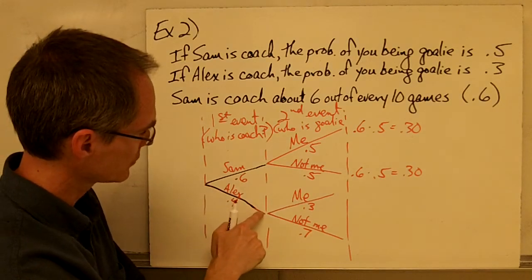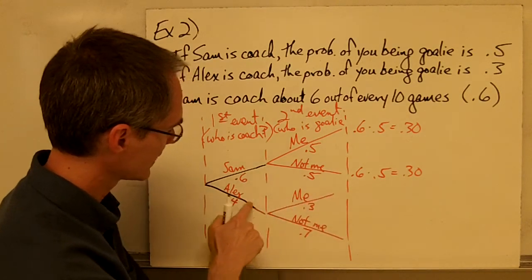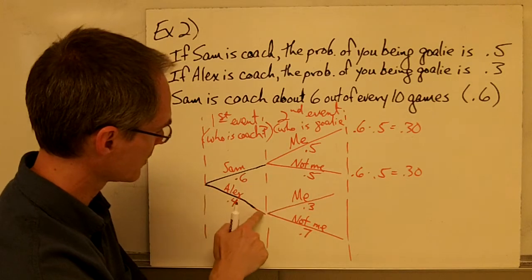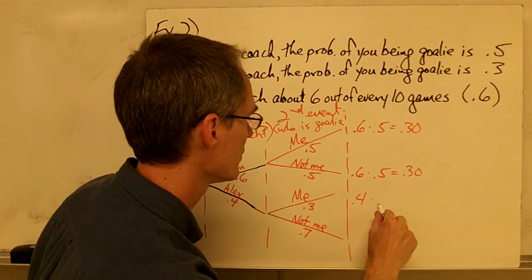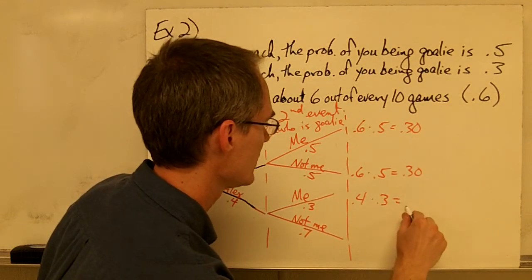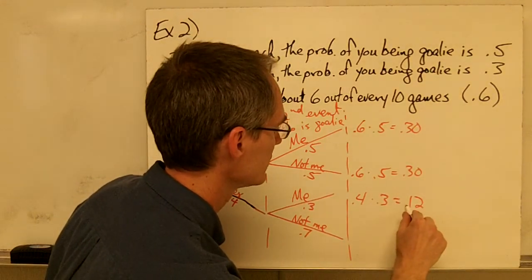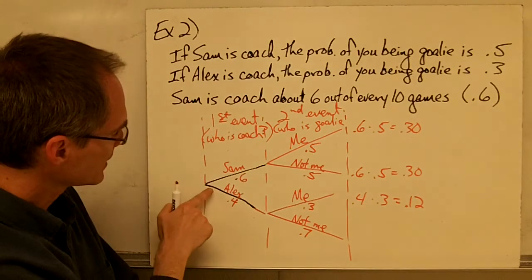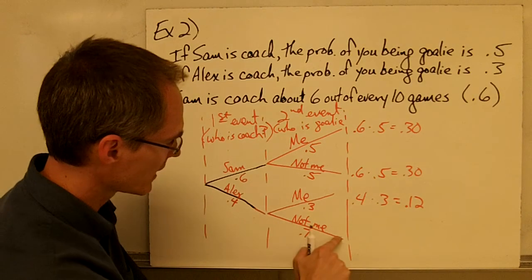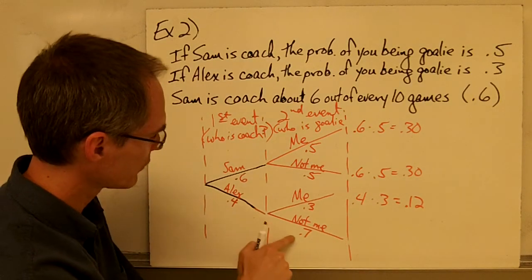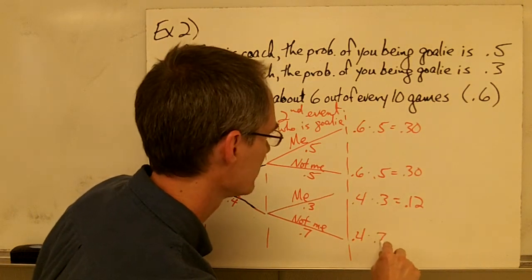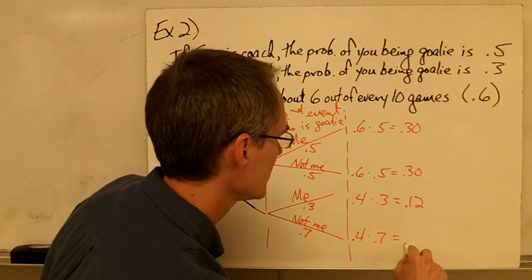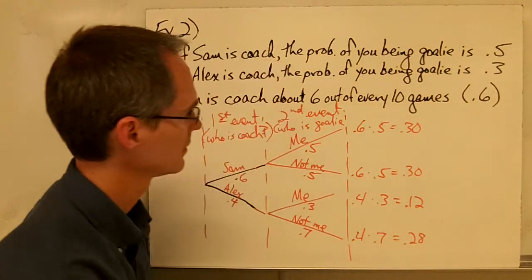If Alex is the coach and I am selected goalie, the probability of that happening is going to be 0.4 times 0.3, and that's going to be 0.12. And then finally, Alex is the coach and someone else is selected goalie, so that's 0.4 times 0.7, and that's going to be 0.28.